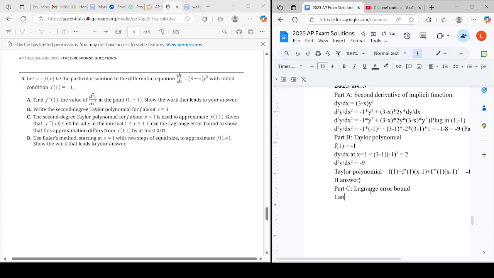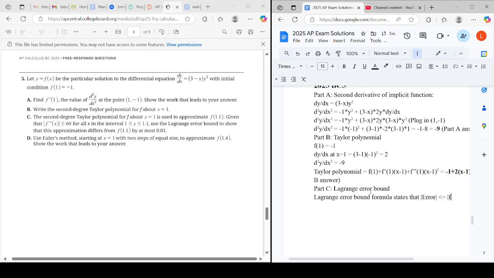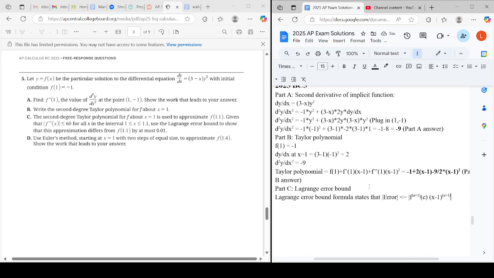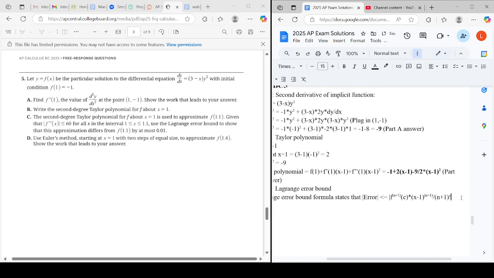So recall that the Lagrange error bound formula states that the absolute value of the error is less than or equal to the absolute value of the n plus 1 derivative of c, which is going to be a maximum value, given to us, times x minus the center, which is 1, to the n plus 1, over n plus 1 factorial.